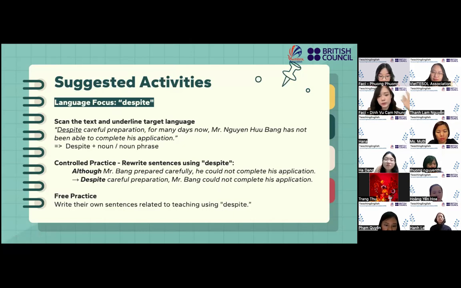For example, in the text just now, we can ask students to scan the text and underline a target language that you choose, something that your students know about but maybe haven't been able to practice much in their production skills. We can lead on with controlled practice, maybe a paraphrasing activity, rewriting sentences using despite, and then have freer practice, asking them to write their own sentences related to teaching using despite.